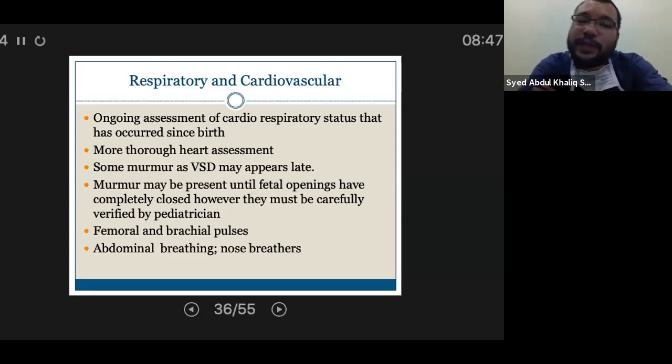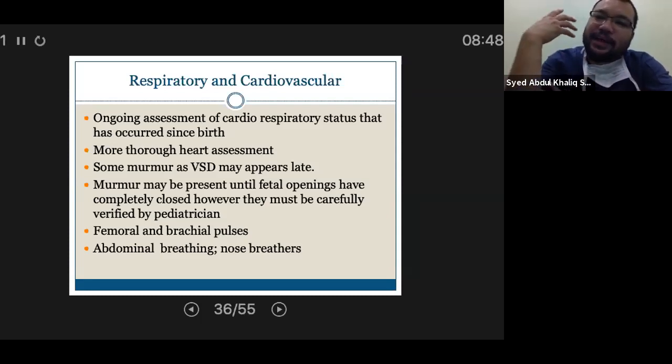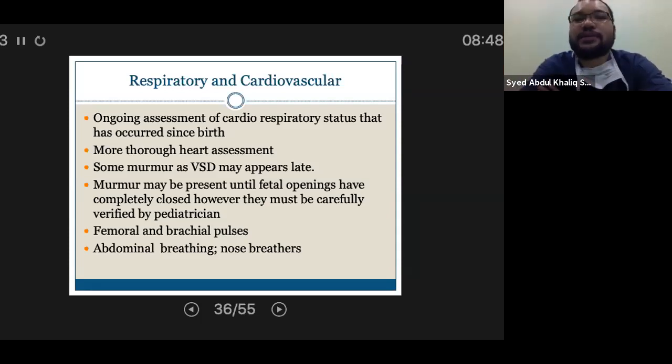For example, PDA. Sometimes you can hear a PDA. As we've discussed before, how does the PDA close? By the action of oxygen: an increase in PaO2, an increase in arterial oxygen concentration, and the effect of prostaglandin. All this causes the PDA to close.